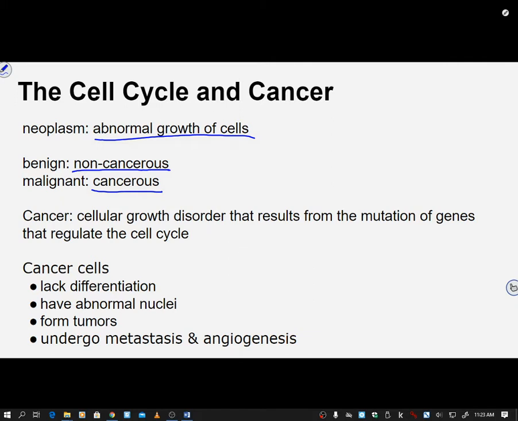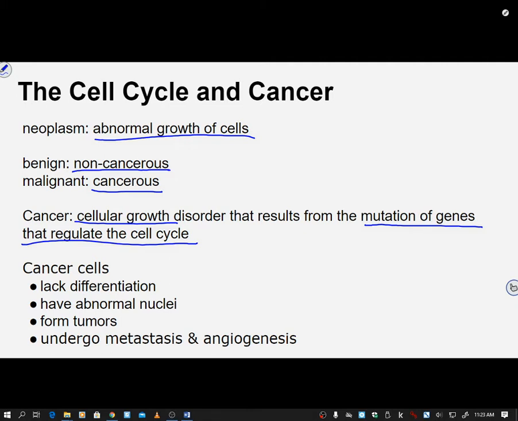Now, the cancer definition is a cellular growth disorder that results from mutation. So here's the big one. It's a mutation of genes that regulate the cell cycle and its cell growth. So what happens is when you mutate this gene and it's messing with the cell cycle, basically your cell cycle does not stop.